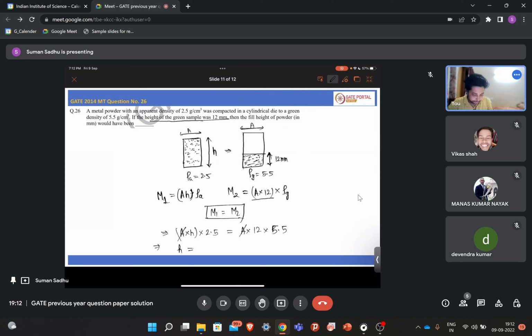You have to calculate h, the fill height, that means the initial height of the powder. So what will be h? 12 into 5.5 divided by 2.5. So what will be the answer? Just calculate and let me know. 26.4.